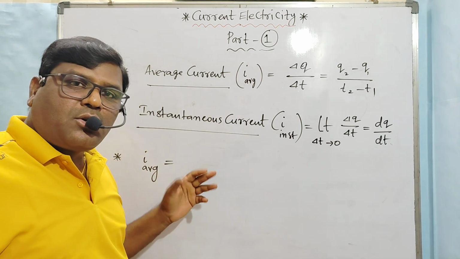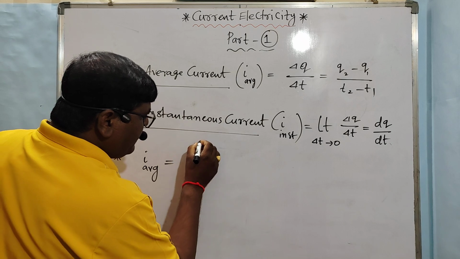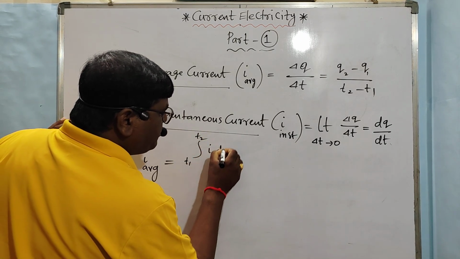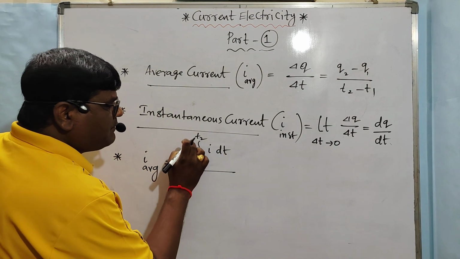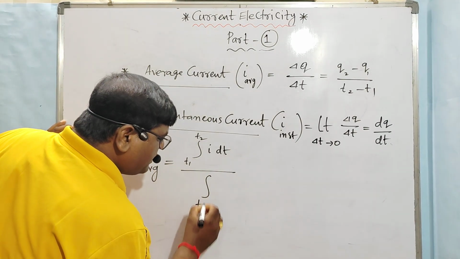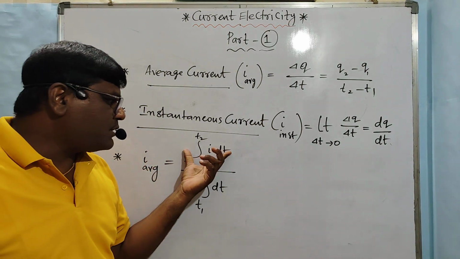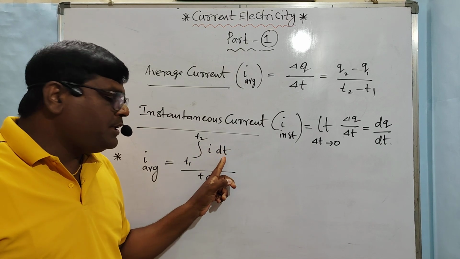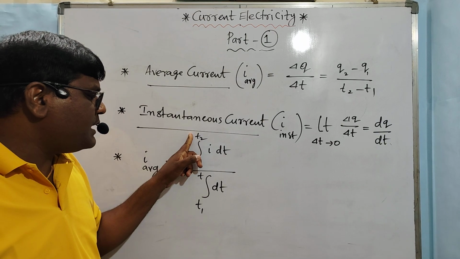The total charge is the integration from T1 to T2 of I dt, divided by the total time, which is T1 to T2. This Q is equal to I into dt in the interval of T1 seconds to T2 seconds.